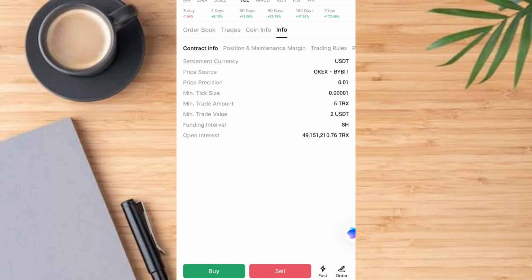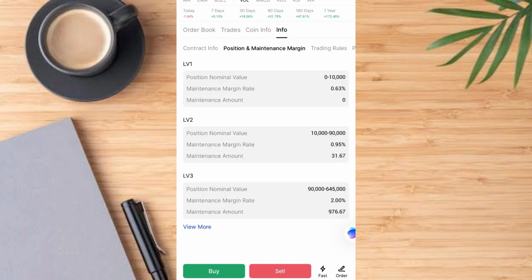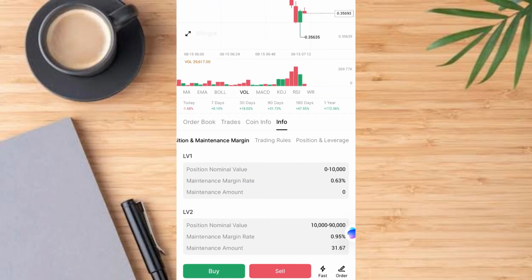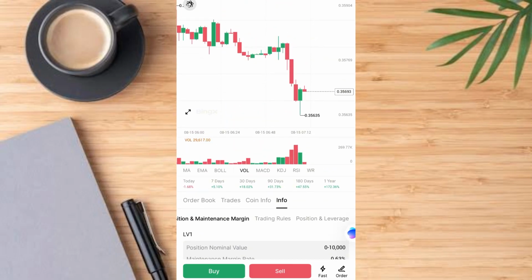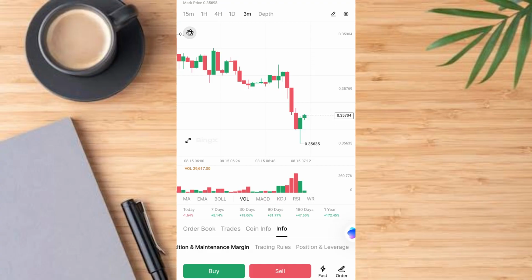Then you see open interest, you have it here. Then under that, under contract, you have position and maintenance margin, you have that in this place. Then you have trading rules, you have so much information that you can leverage on this particular part of the trading system. That is why this is a very good trading guide that you can use and explore.